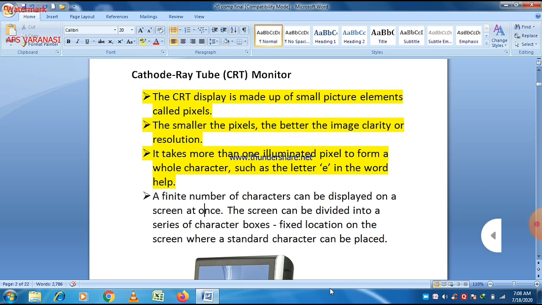The screen can be divided into a series of character boxes, fixed locations on the screen where a standard character can be placed. So these are some important points regarding CRT monitors, cathode ray tube monitors.